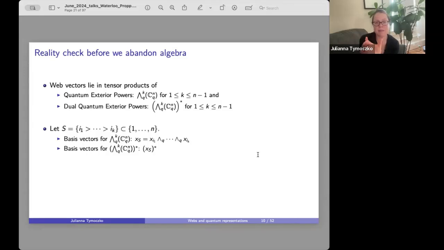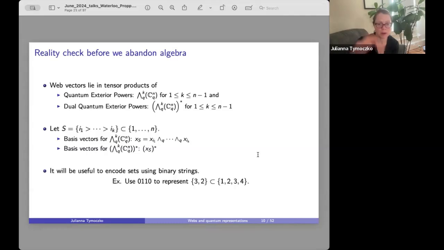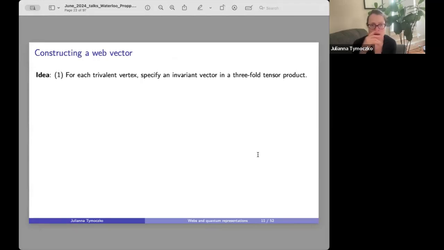The basis vectors for any wedge product are just a subset of the basis vectors for the underlying vector space, or their duals. So I can remember which basis vectors show up in a wedge, and that tells me a basis vector for the overall fundamental representation.